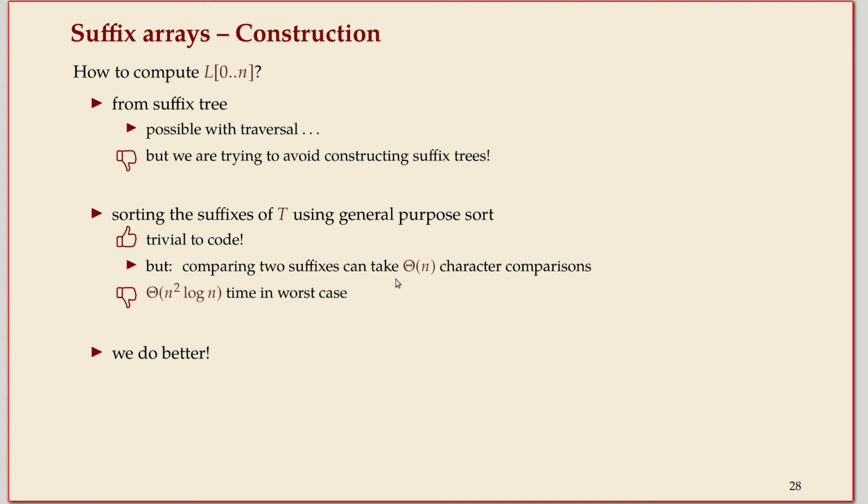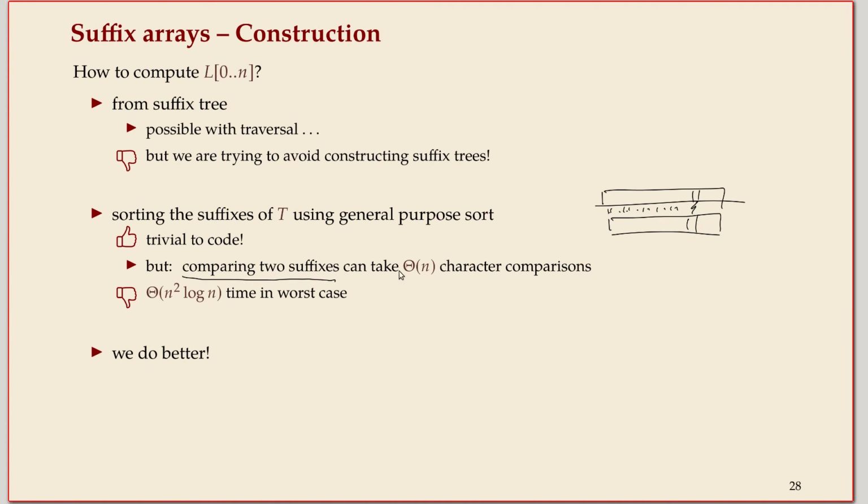But at least in theory, for the worst case, the problem is we can apply a sorting method to sort the suffixes, but whenever we compare two suffixes, we would have to take those strings and start comparing letter by letter. If those are all equal, we might have to read very long through these two suffixes before we find a mismatch and before we can decide which one is smaller.